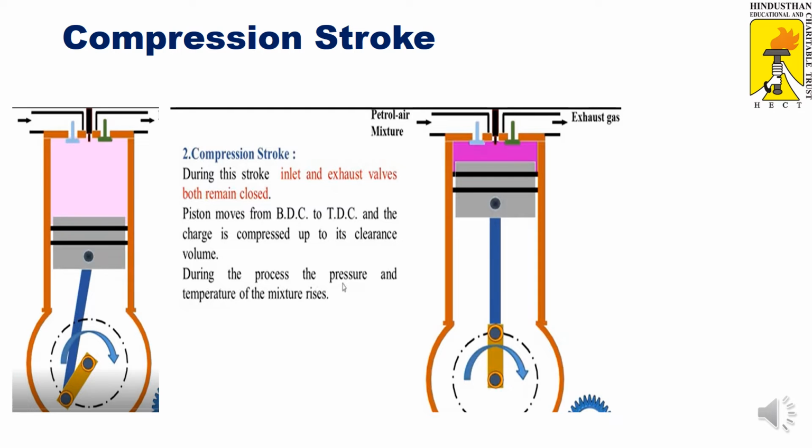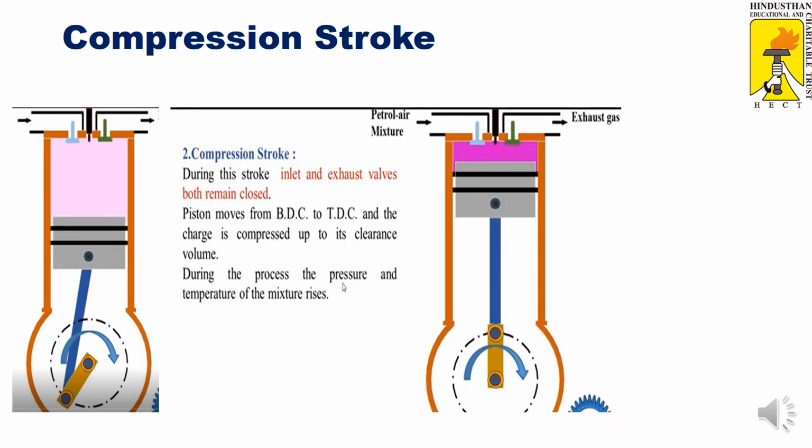The second stroke is the compression stroke. During this stroke, the inlet and exhaust valves both remain in the closed position. In the previous stroke the piston reached BDC, bottom dead center. Now the piston moves from BDC to TDC, bottom dead center to top dead center.